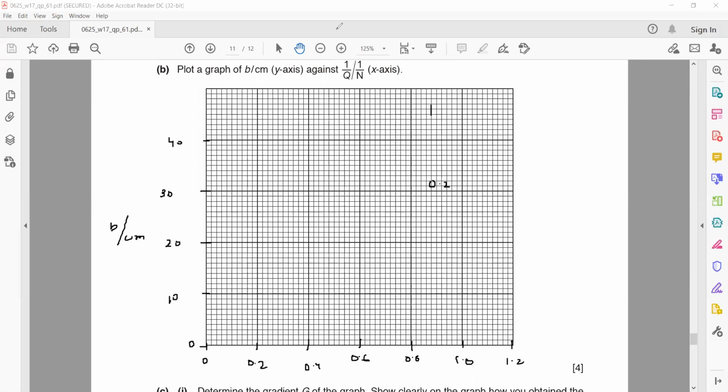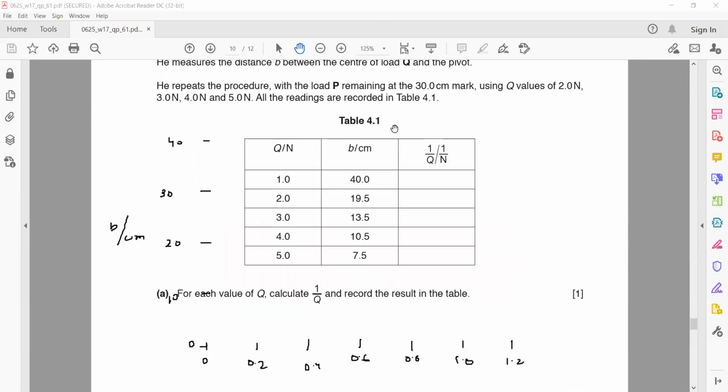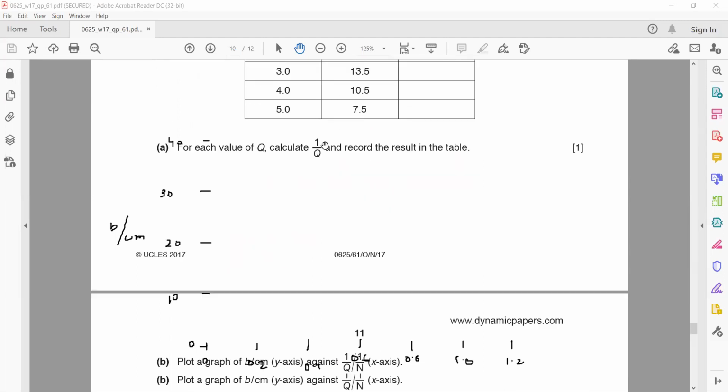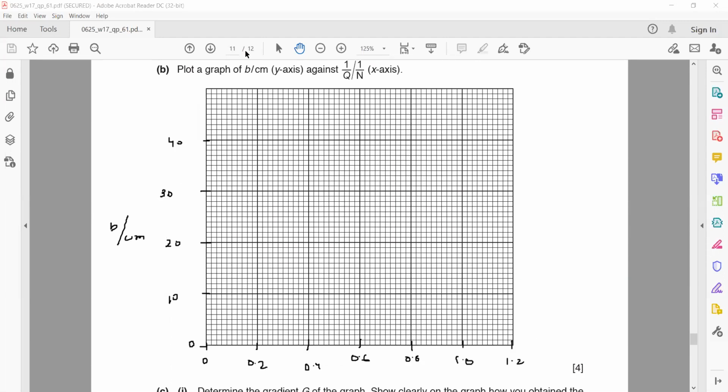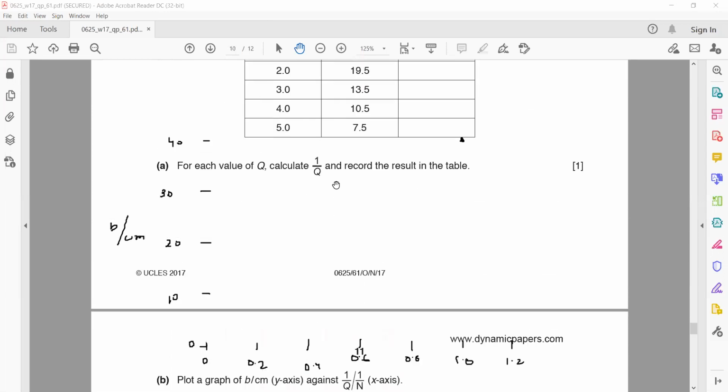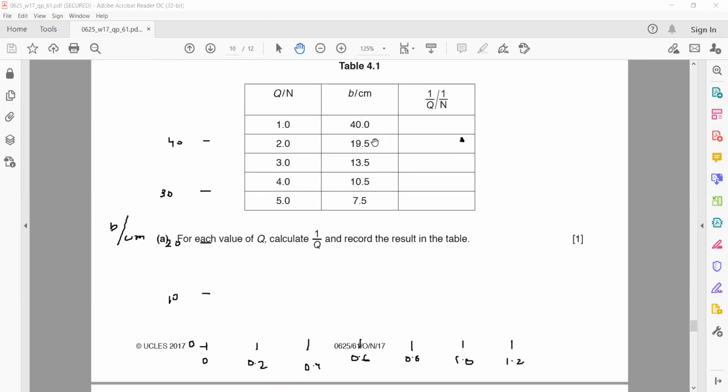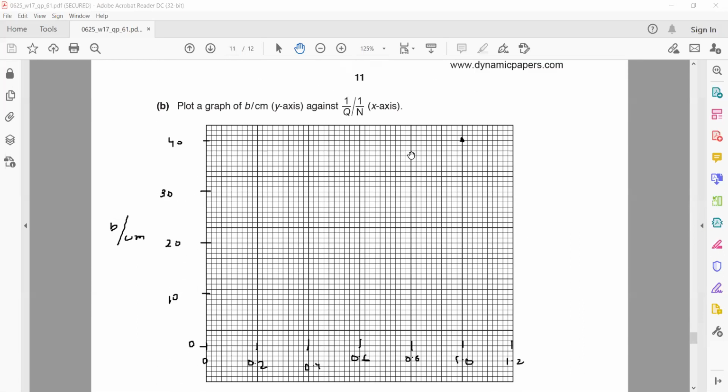Now what we have to do is plot these results on the grid. When this is 40 and 1, so 40 and 1, it will be here. Then 19.5: b was 19.5 and this was 0.5.